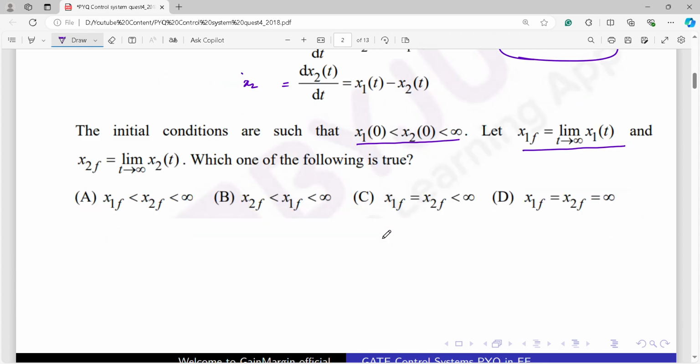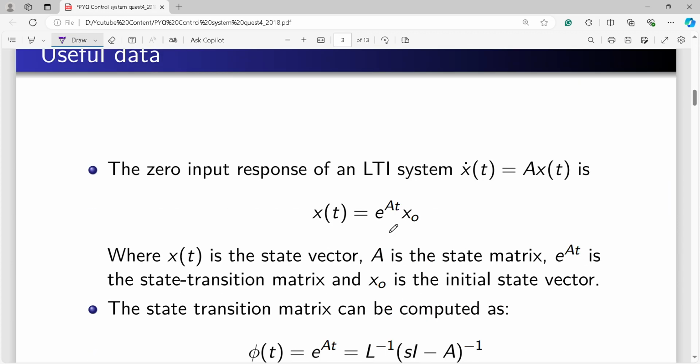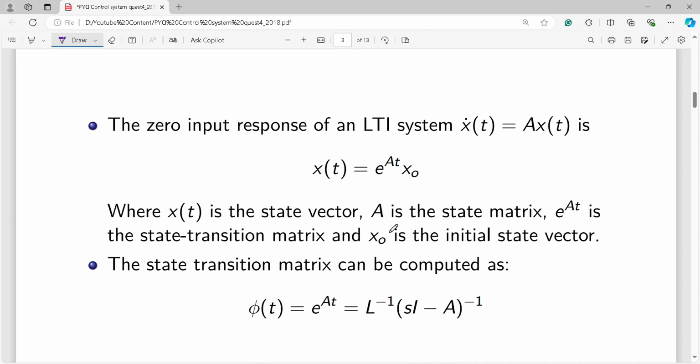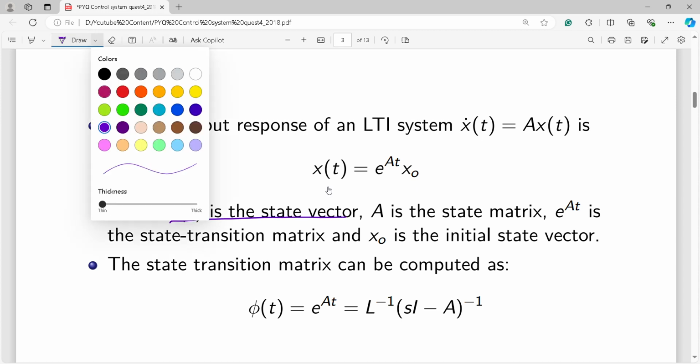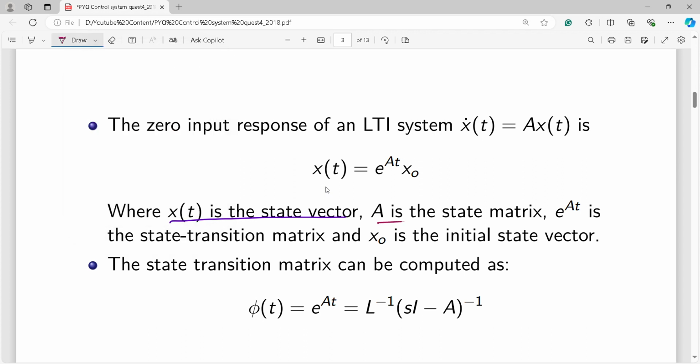What essential data is required for this? Here you can see the zero input response of the system x dot equals Ax is given by x(t) is equal to e to the power At into x0, where x(t) is the state vector and A is the state matrix, but e to the power At is our state transition matrix, and x0 is our initial state vector.